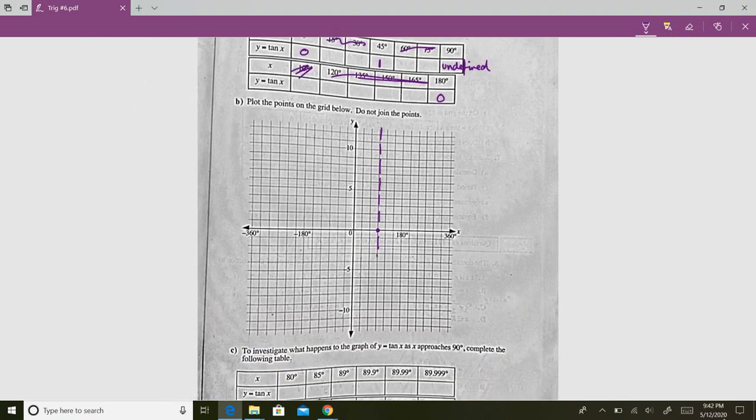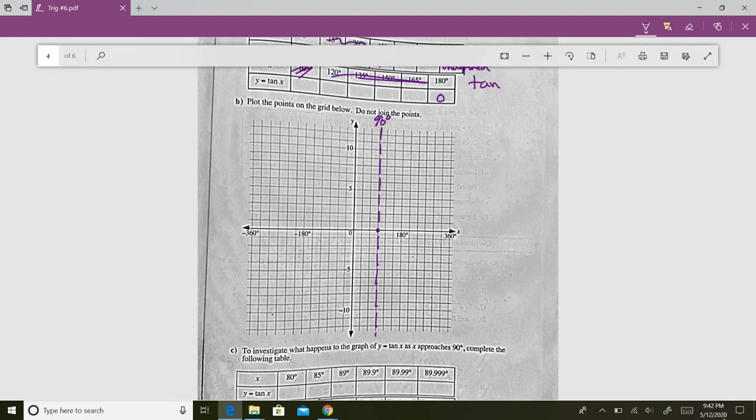So at 90 degrees, you have an asymptote. Now, if you did tan of 270 degrees on your calculator, that is undefined as well, which means at 270, that is 90, this is 270, you have an asymptote as well.